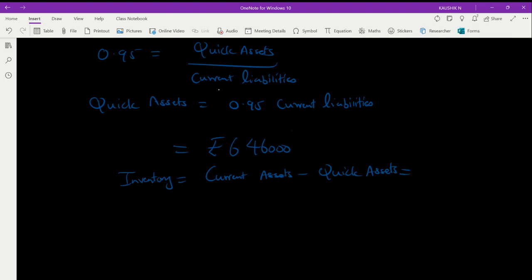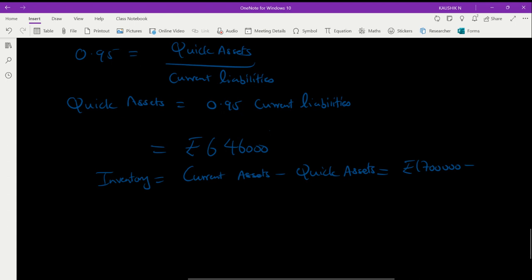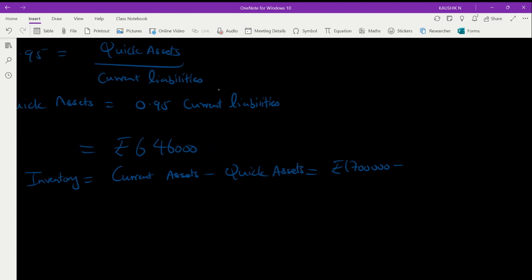That will give you the current asset value of rupees 17 lakhs minus your quick asset value of rupees 6 lakhs 46,000. This will be an amount of rupees 10 lakhs 54,000. So this is your inventory value.